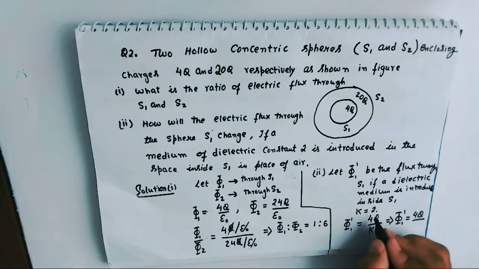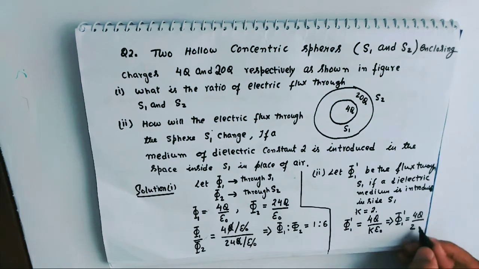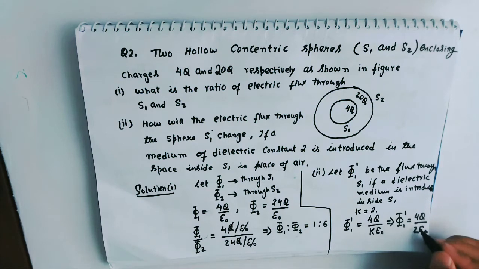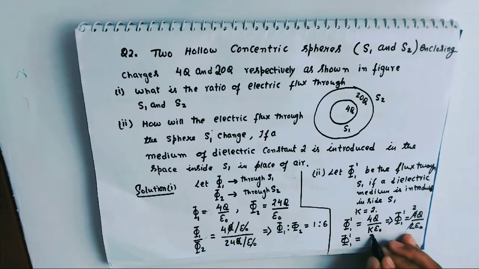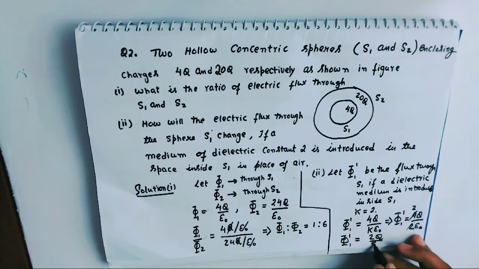What is K? K is 2, divided by epsilon naught. So this 2 and 4 will get cancelled. So what is phi 1 dash? This one is equal to 2q divided by epsilon naught.